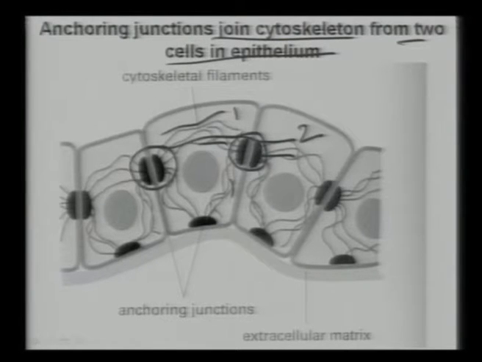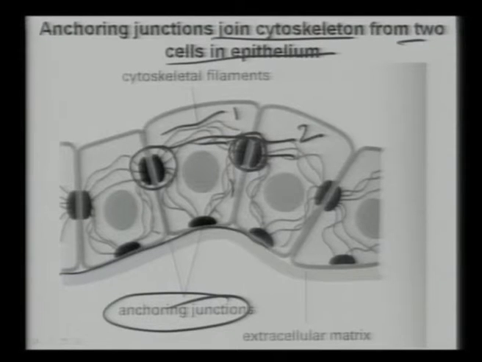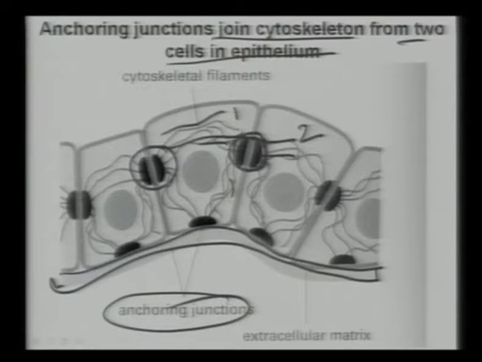And then they form these black junctions, which are known as anchoring junctions. The other thing that you see is the extracellular matrix, ECM, labeled as this yellow layer just outside these epithelium cell lines.